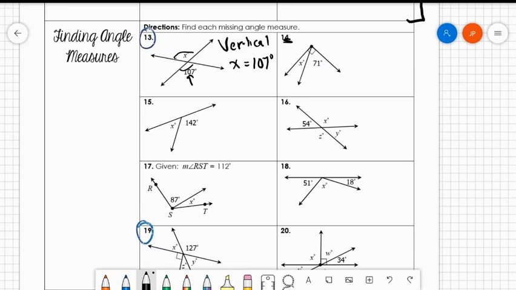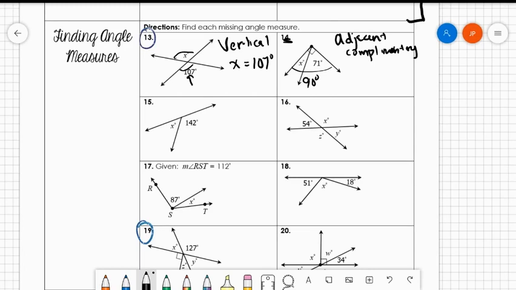I don't have it circled, but at 14, again, let's think about the different relationships I know about these two angles to help me. I know that they're adjacent, and I know that they're complementary. And how that helps me is because I know when I put them together, they equal 90 degrees.